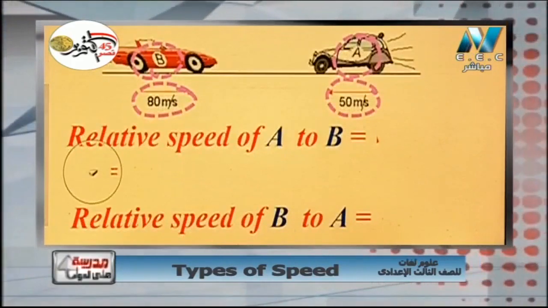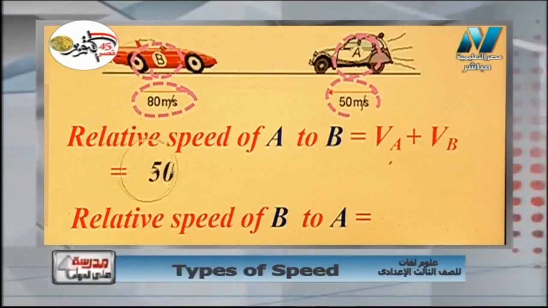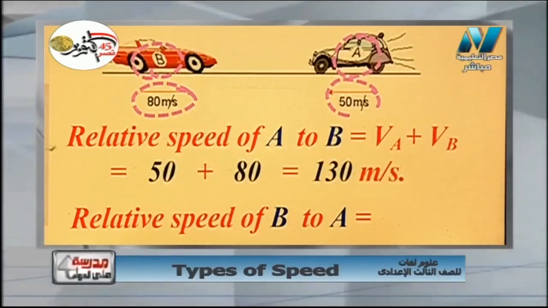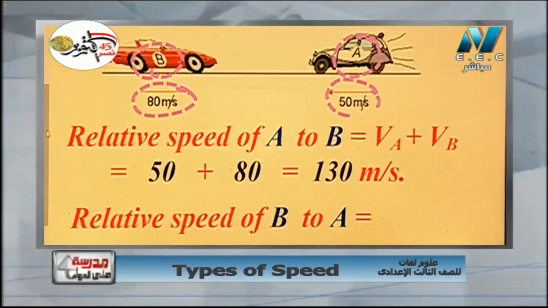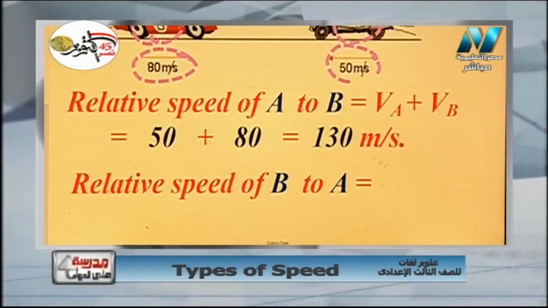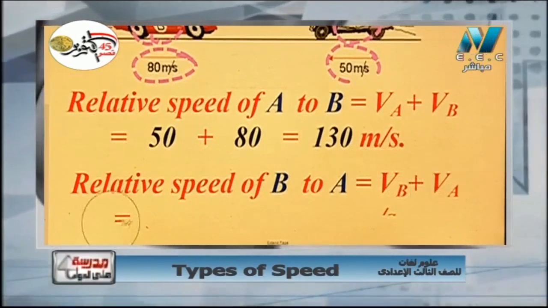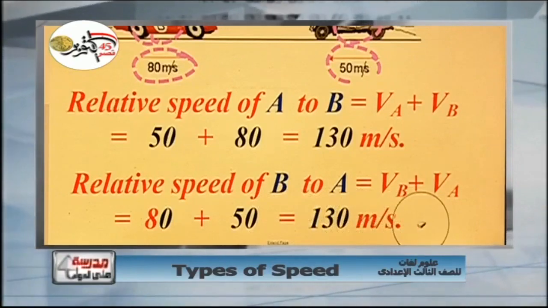So VA plus VB: 50 plus 80 equals 130 meters per second. If we want to calculate the relative speed of car B relative to car A, we have VB plus VA. Of course 80 plus 50 equals 130 meters per second.